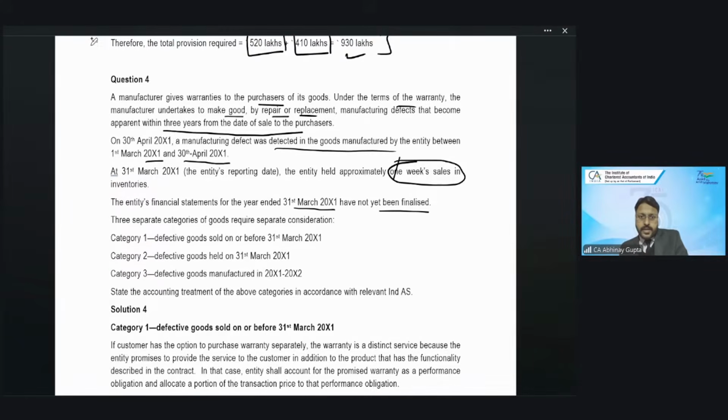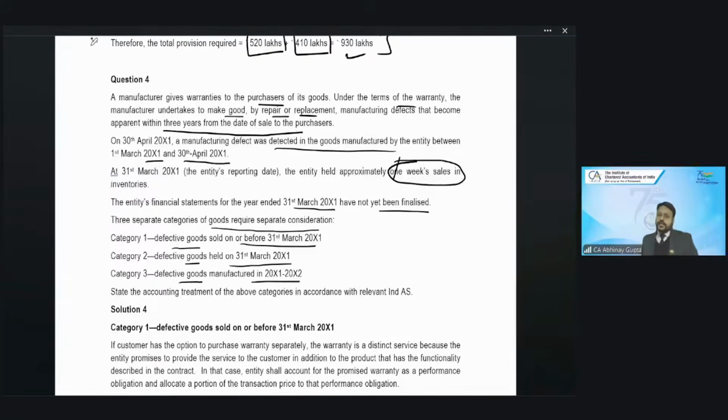The separate categories of goods require separate consideration. Category 1, defective goods sold on or before 31st March; category 2, defective goods held on 31st March; and category 3, defective goods manufactured in 2001-2002, right? State the accounting treatment for the above categories of defective items.